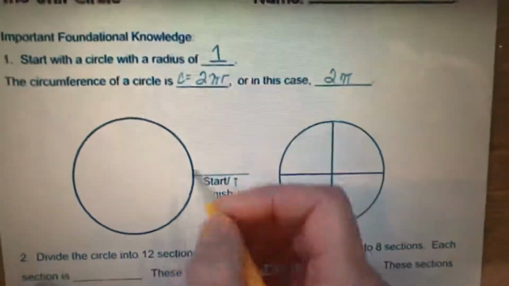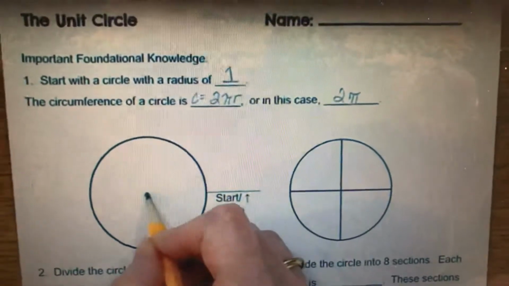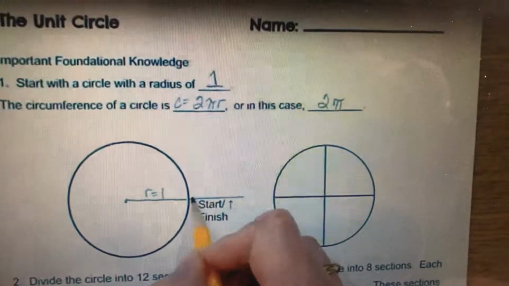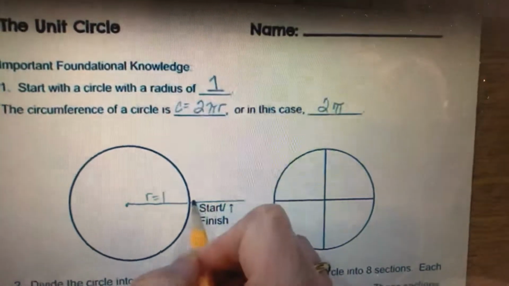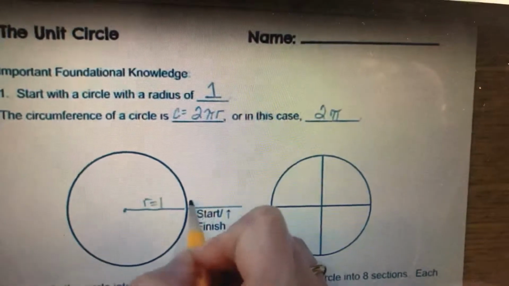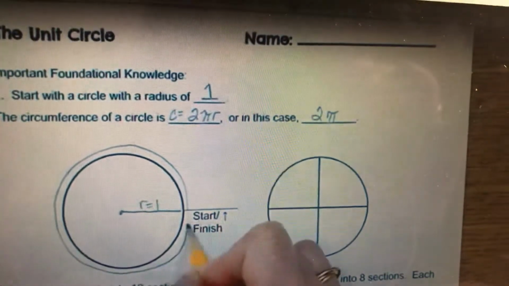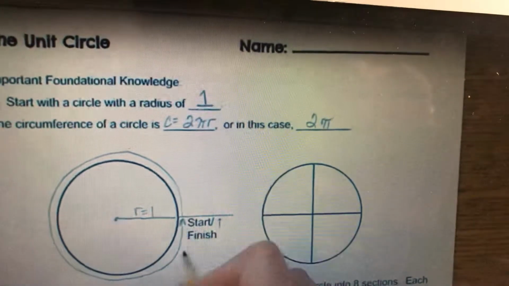So to go all the way around the circle, it's a distance of 2 pi if you have a radius of 1. So we're going to start, and I believe I went all the way around. Okay, so that was just 2 pi right there.